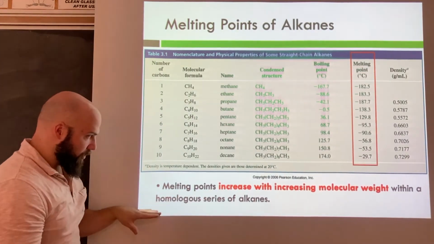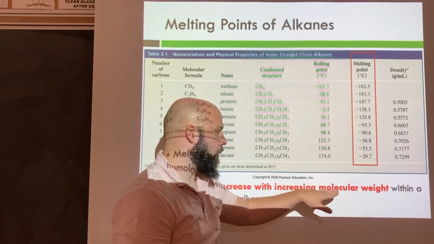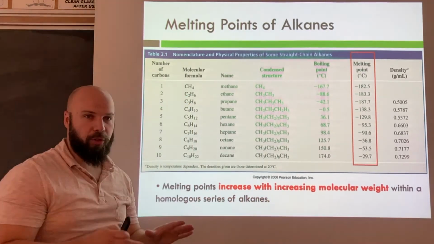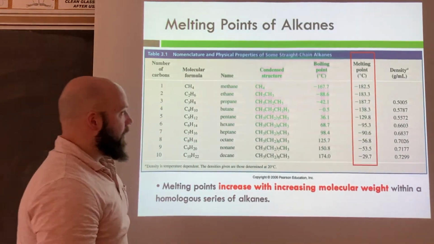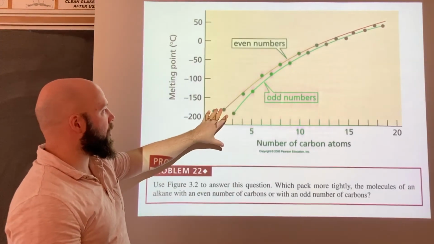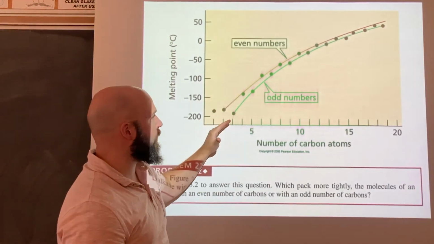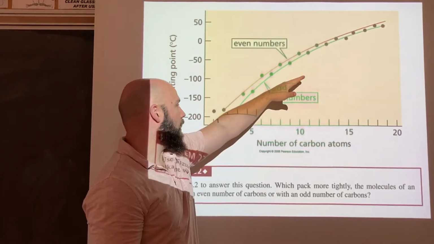What you should note from this slide is it still does increase with molecular weight. That is still true. It's just a small amount, then a large amount, then a small amount, then a large amount. So here we have a chart showing that, and the odd numbers kind of increase in their consistent curve, and then the even numbers as well.